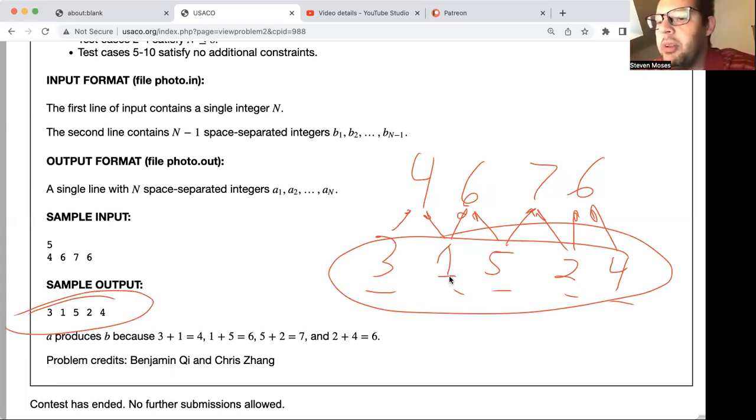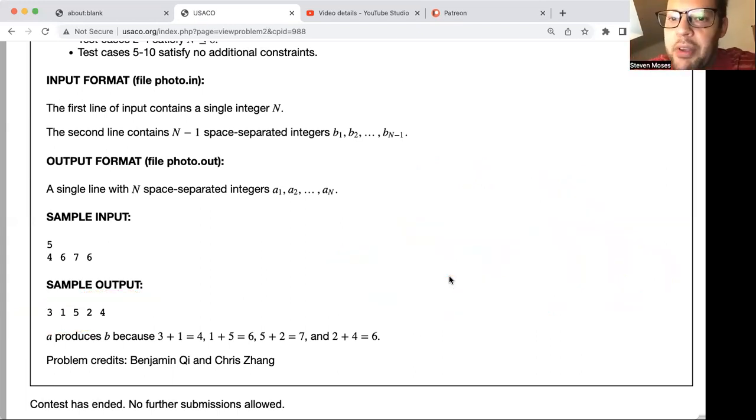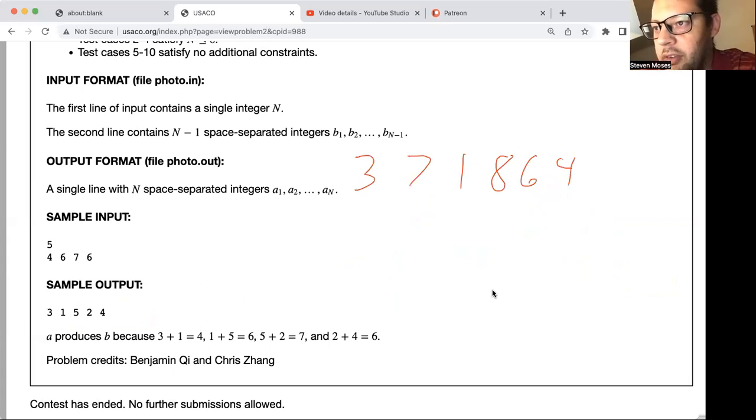So let's pick this apart a little further and try to figure out how exactly we're going to do this from a coding standpoint. Basically, let's start with a longer sequence. I'm going to do a sequence up to 8. Let's do 3, 7, 1, 8, 6, 4, 2, 5.